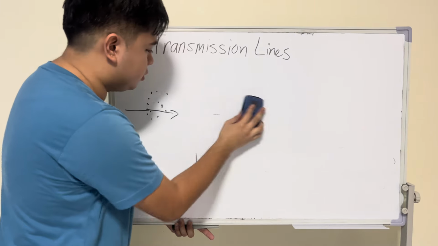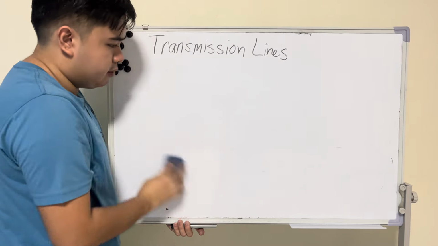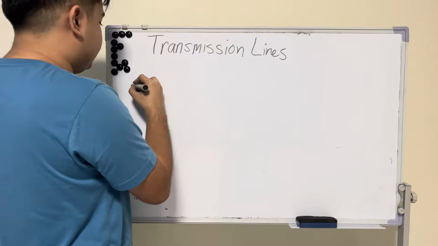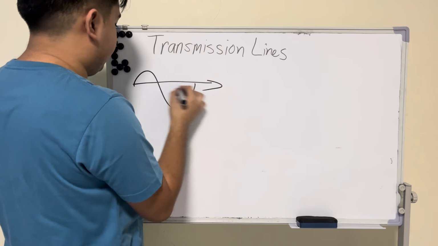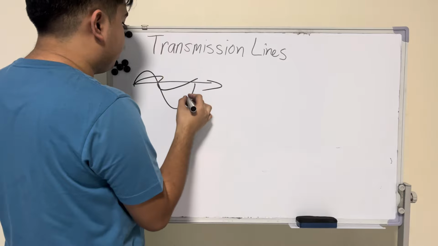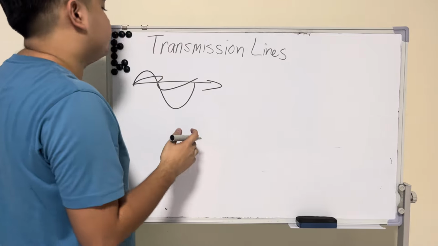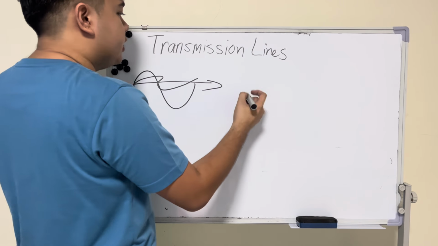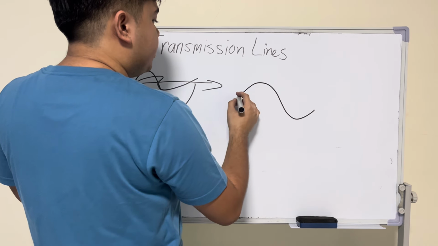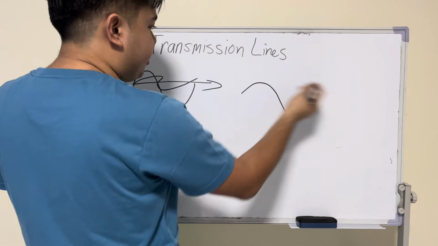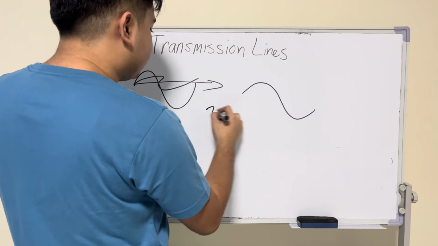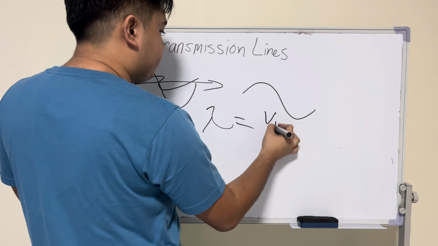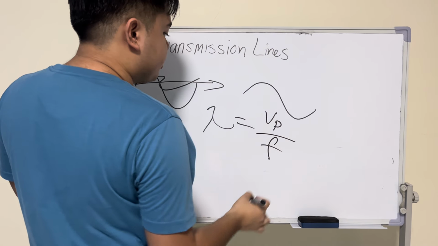So now let's go to another concept, which is also relevant to light. Now, a light is a wave and a particle at the same time. We just have to worry about its wave properties for now. Since it is a wave, we can have its wavelength. The wavelength of a certain wave is given by lambda, which is equal to velocity of propagation over frequency.